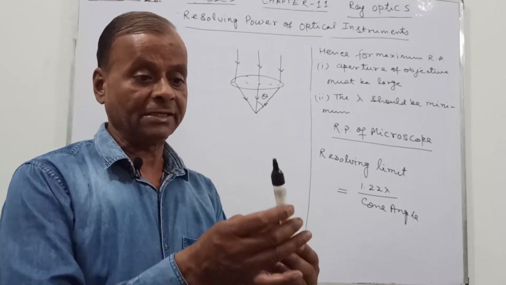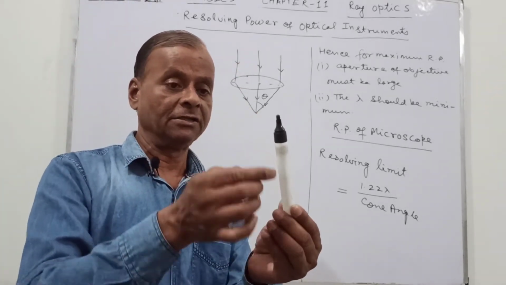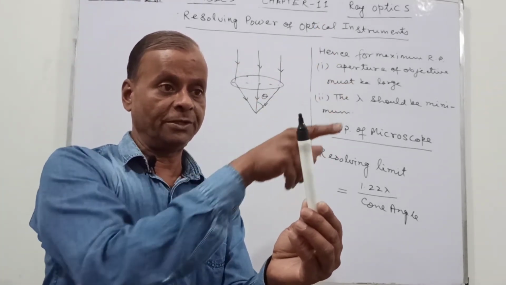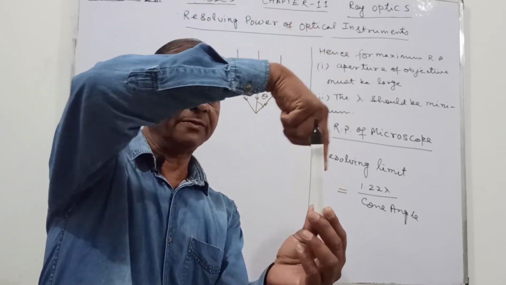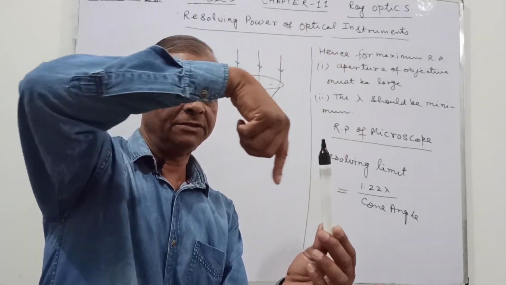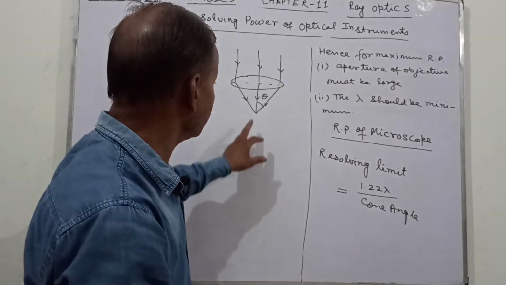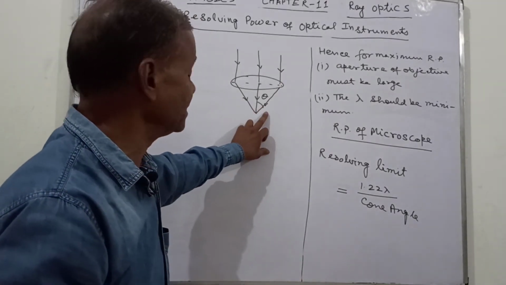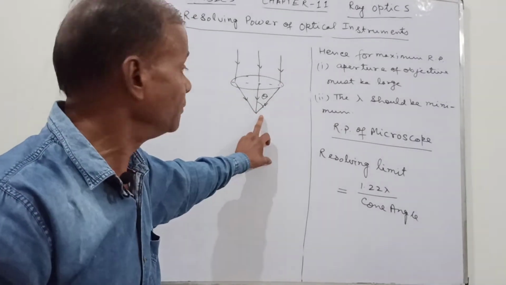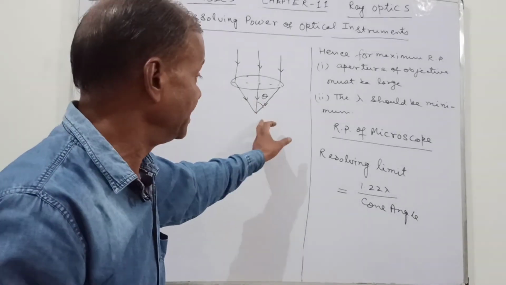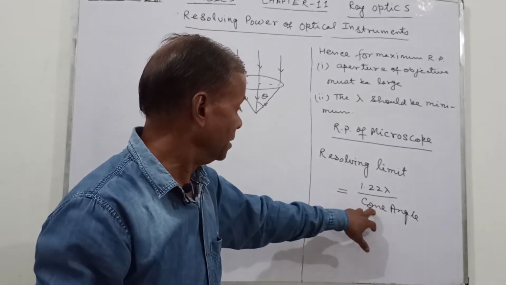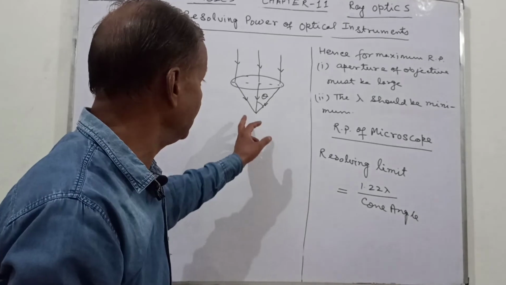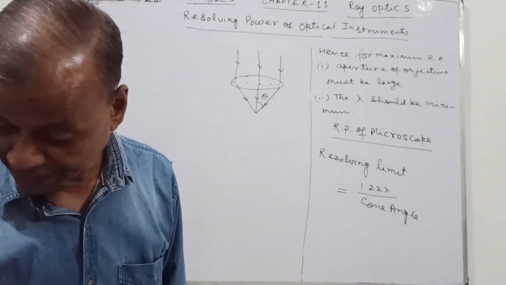They all are coming and making this angle. That is this angle theta, which we take as the semi-angle, half of the complete angle. So that is the cone angle.